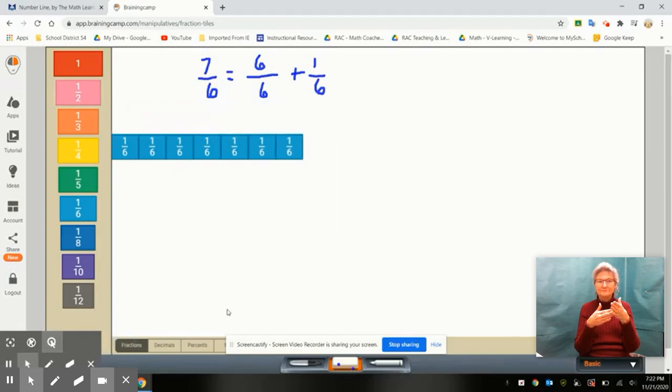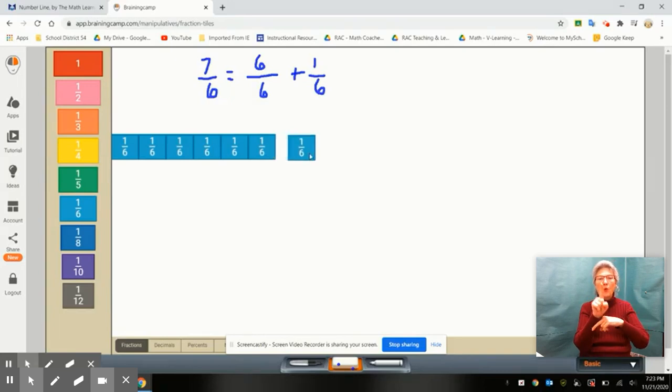So we took our fraction greater than 1, which was 7/6. Let's make sure we have everything we need. Count with me. Here we go. 1/6, 2/6, 3/6, 4/6, 5/6, 6/6, 7/6. Awesome. And we know that this can be decomposed to be 6/6 plus 1/6.